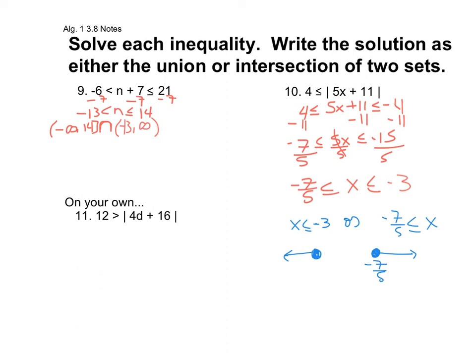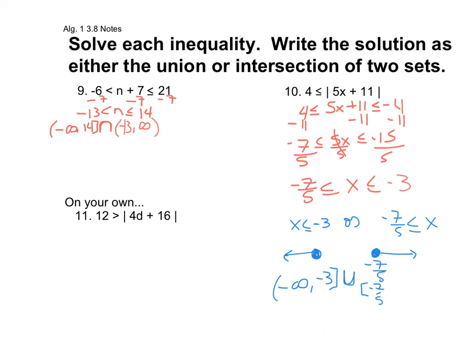So I'm going to have a union where I've got negative infinity to negative 3 inclusive. Okay, and then the OR symbol is synonymous with the union symbol, and then I'm going to have negative 7/5. I did not leave myself enough room right there.